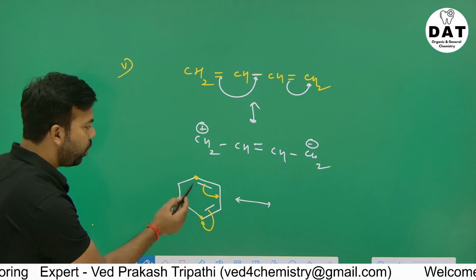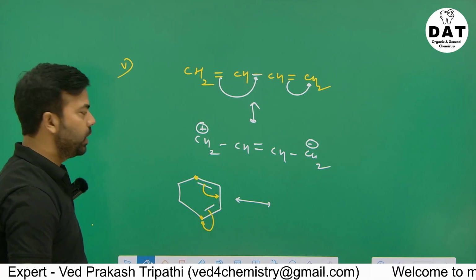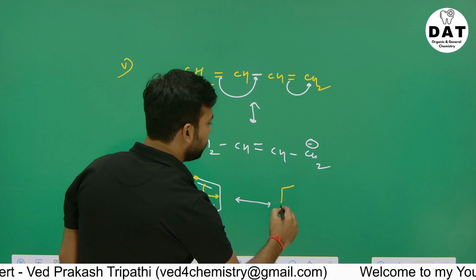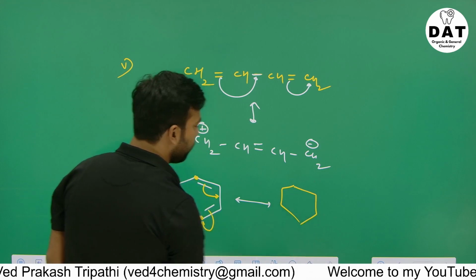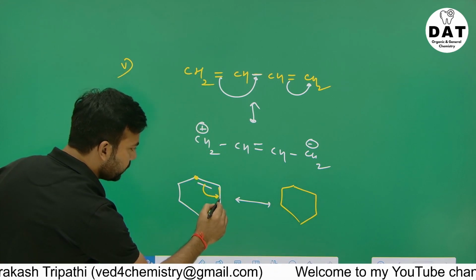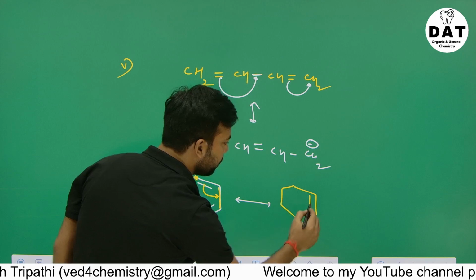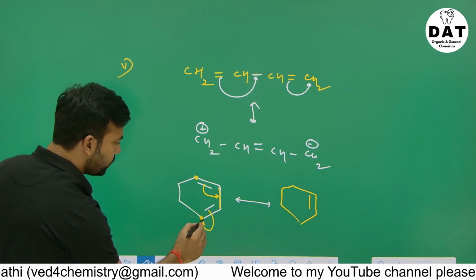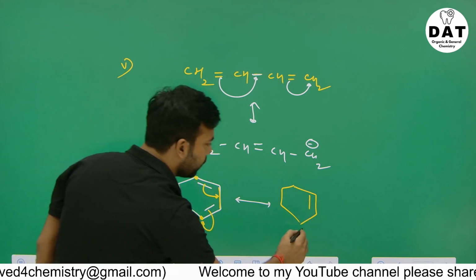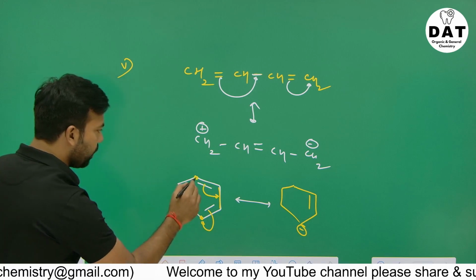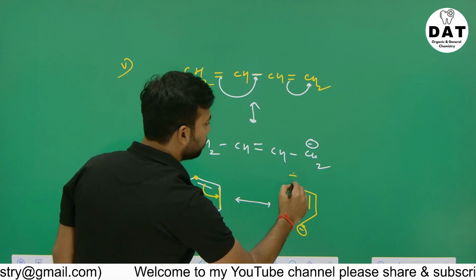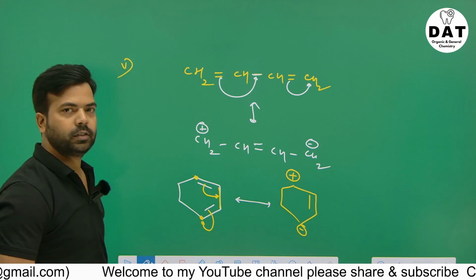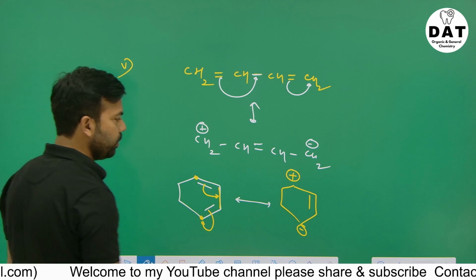It should not be out of this carbon atom. Clear? So as a result of it, you can see this bond has arrow, so double bond. This carbon has head of arrow, so negative. This carbon has tail, so positive. Make sense? So this is carbon-carbon double bond.